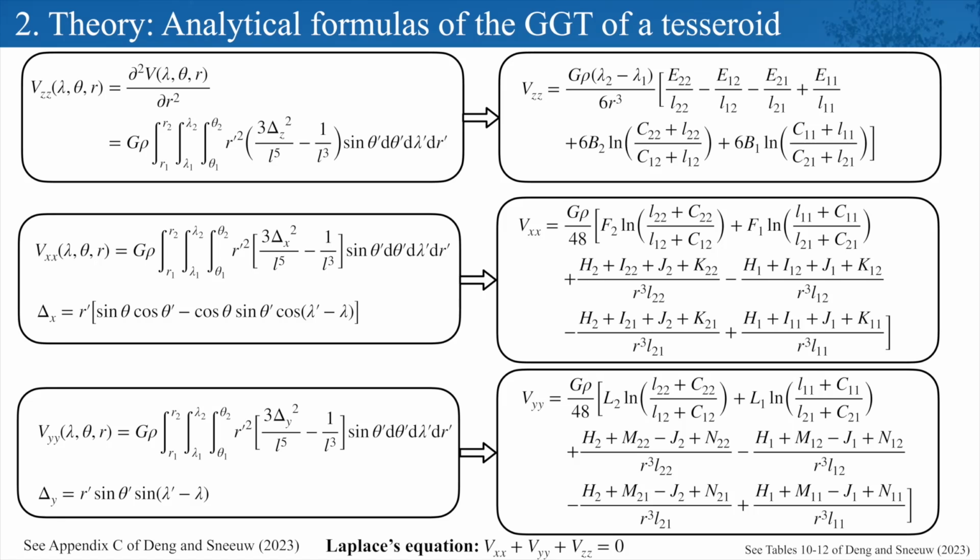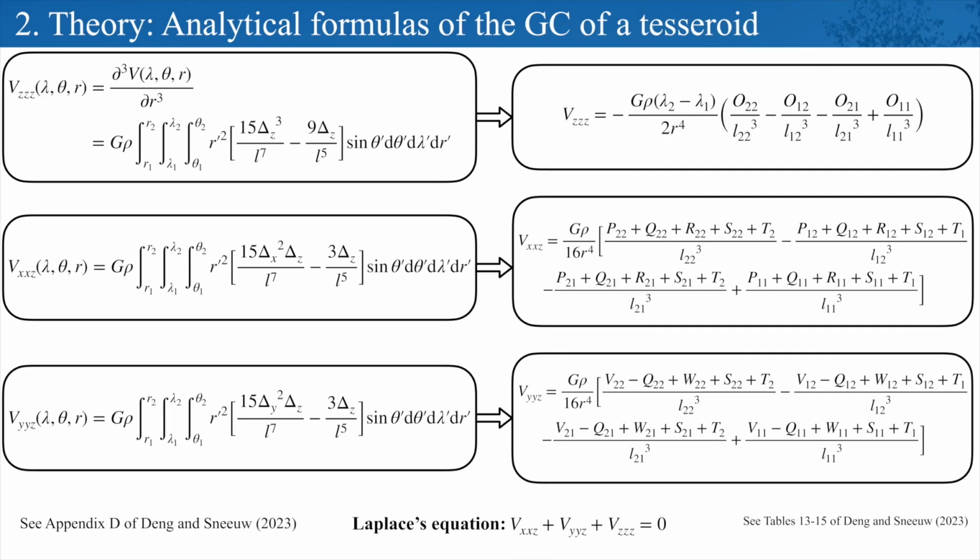We use Laplace equation to validate the correctness of those derived expressions for the GGT of a tesseroid. In other words, the sum of those three analytical expressions is equal to 0. The detailed derivation of 6 components of the GGT can be referred to Appendix C of Deng and Shen 2023.